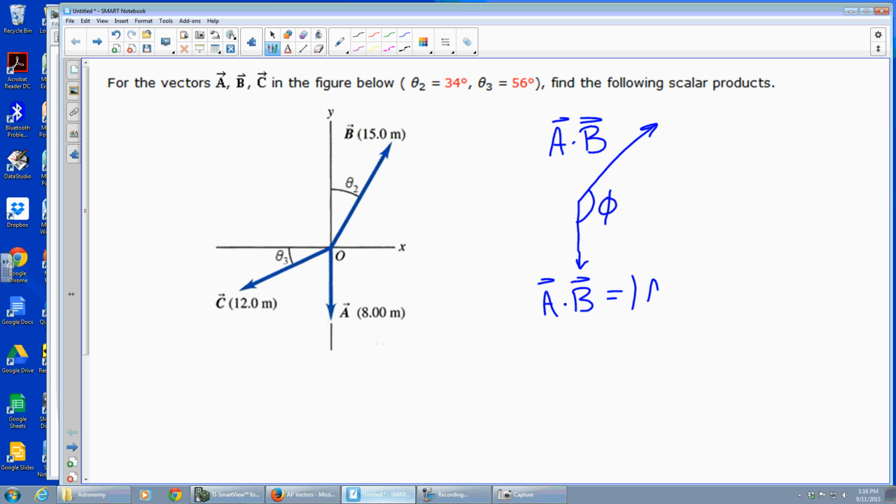The dot product of these two is the absolute value of A, absolute value of B, and then I want the part of B that's parallel to A. Is that the sine or the cosine?